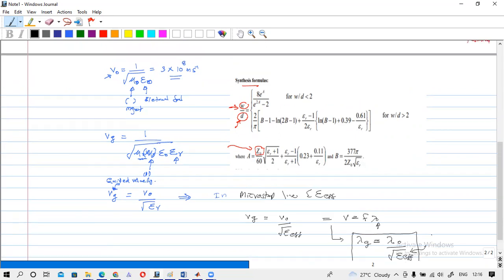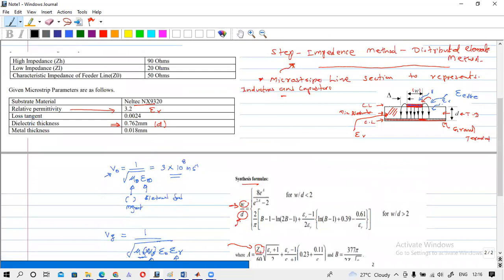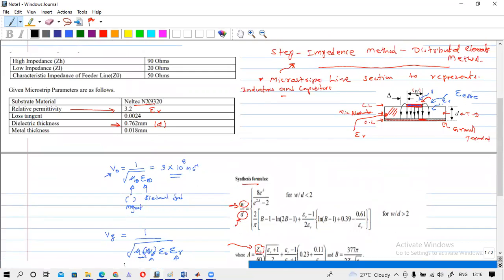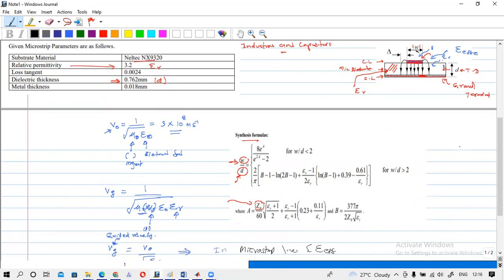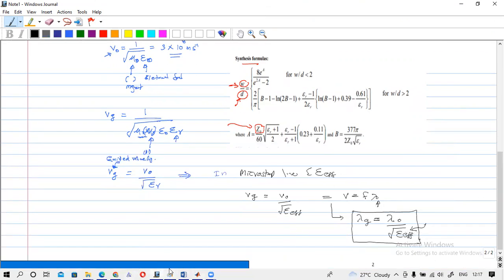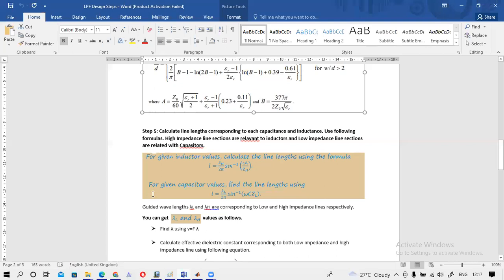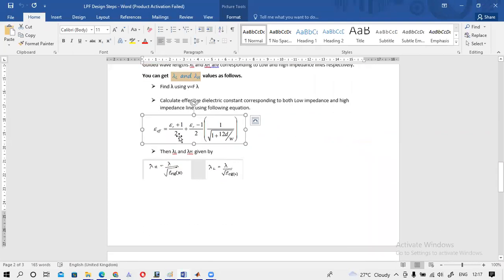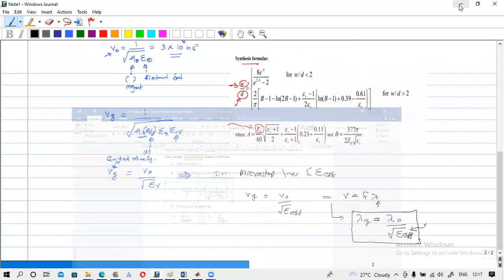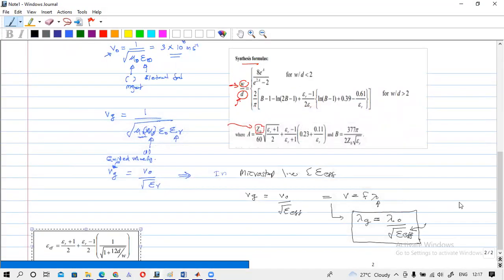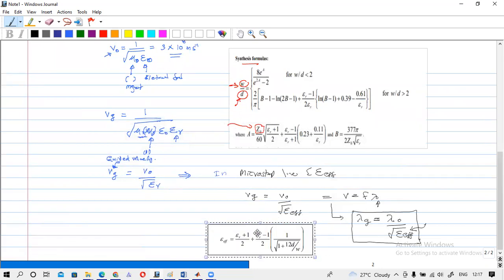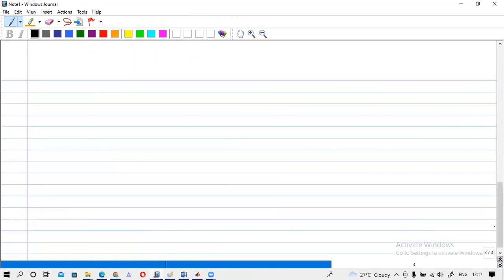This epsilon effective mainly depends on the width of the transmission line, the dielectric thickness, and also epsilon r. Epsilon effective is given by another equation, which I have inserted here. If you need to calculate epsilon effective, you can use this equation.